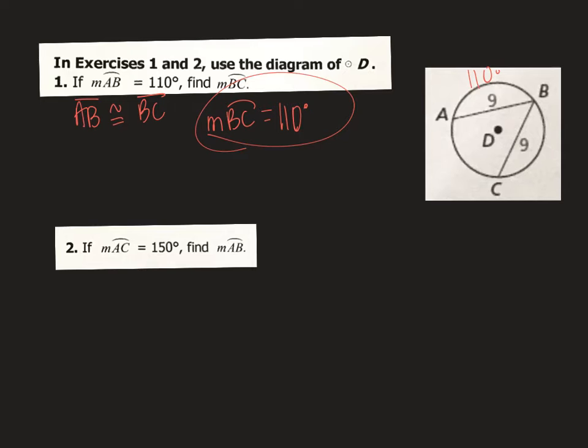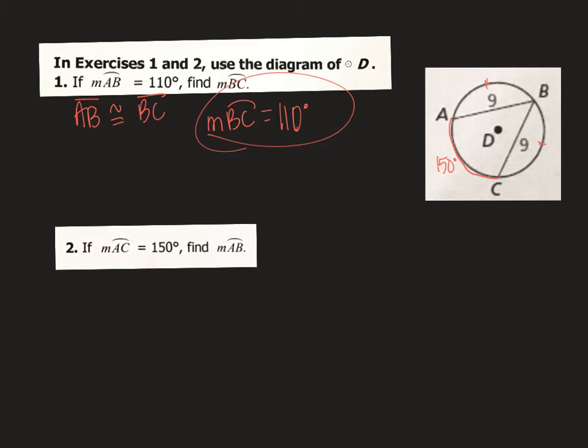Now, when we look at number 2, we're going to forget everything we did in number 1 because they are not connected to each other. It's just the same picture. If the measure of arc AC is 150 degrees, so that's going to be this arc down here, we want to find the measure of arc AB. Well, the chords are still congruent, which means that the arcs are still congruent.